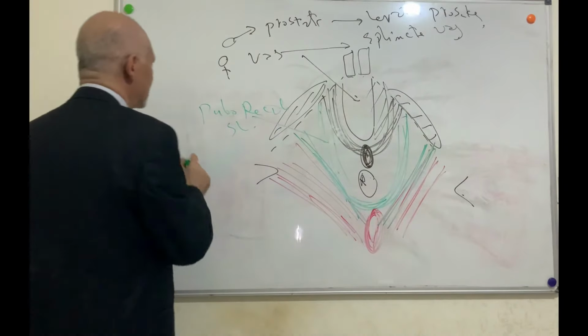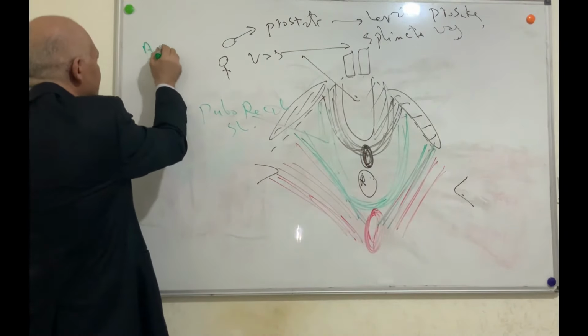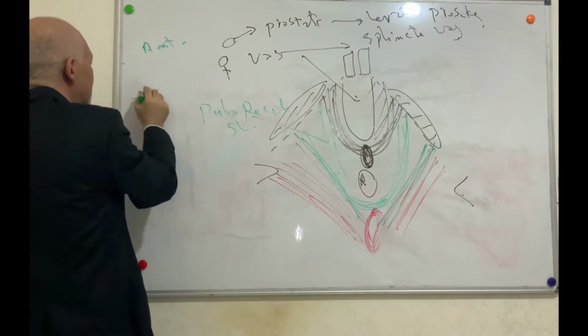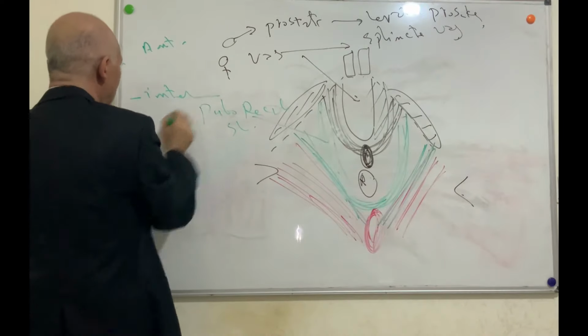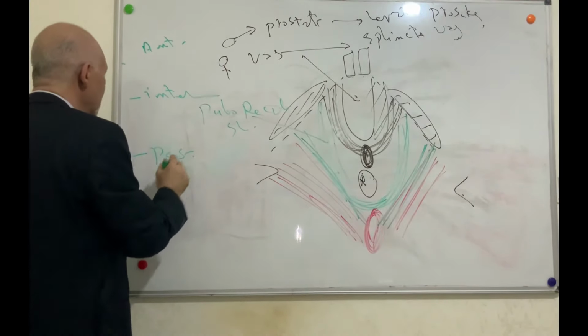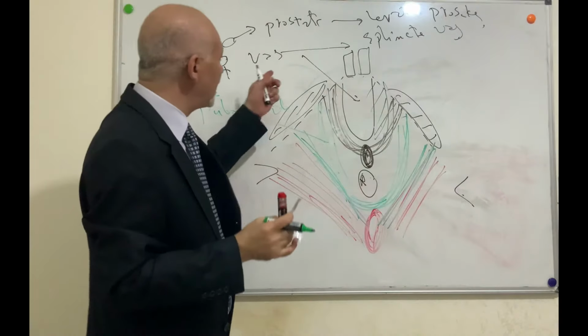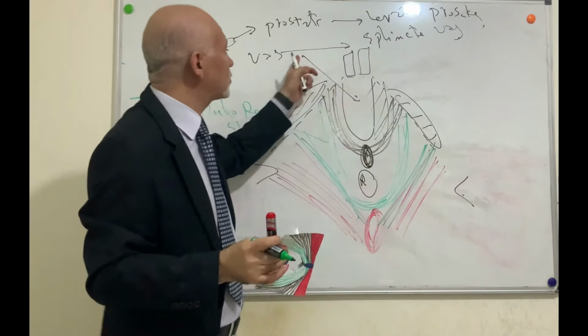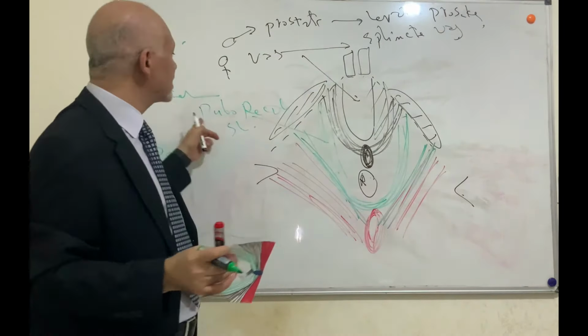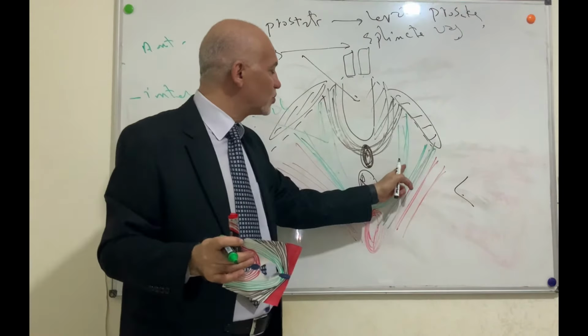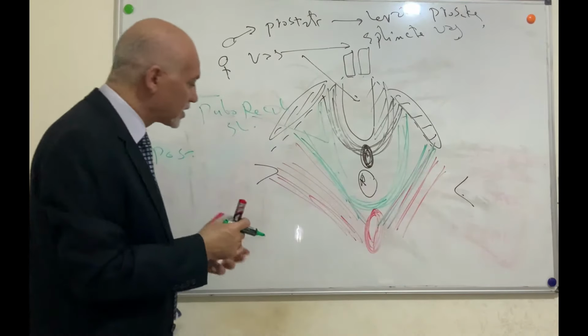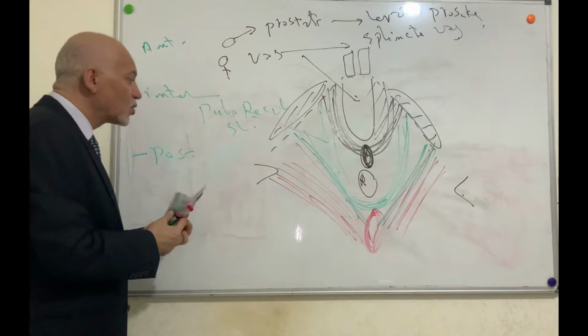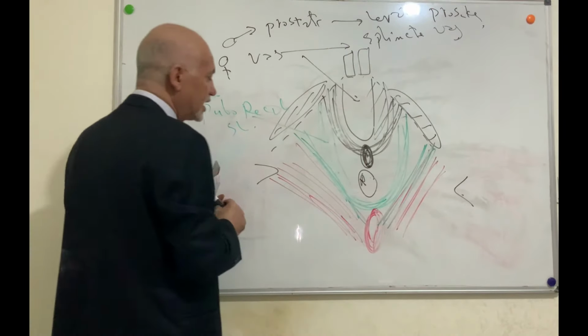Anterior fibers in male are called levator prostatae, in female sphincter vaginae. Intermediate fibers are puborectalis and pubococcygeus. Posterior fibers, in red color, are called the ischiococcygeus.